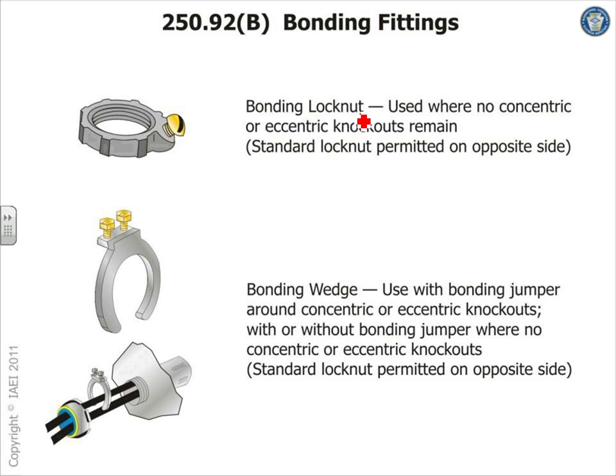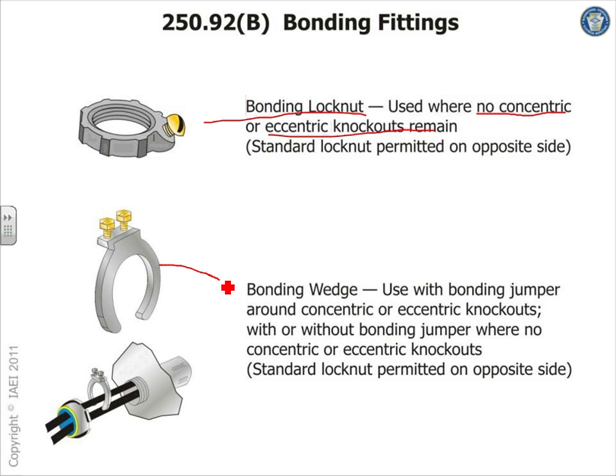Bonding lock nuts, also called a system bonding jumper alternative. So you don't need a wire. The only restriction on this one is that it's used where no concentric or eccentric knockouts remain, so the conduit matches the hole. Remember, we are at the service. Remind you, that's bonding at the service, not at the sub panel, not downstream. Here's an alternative for you.